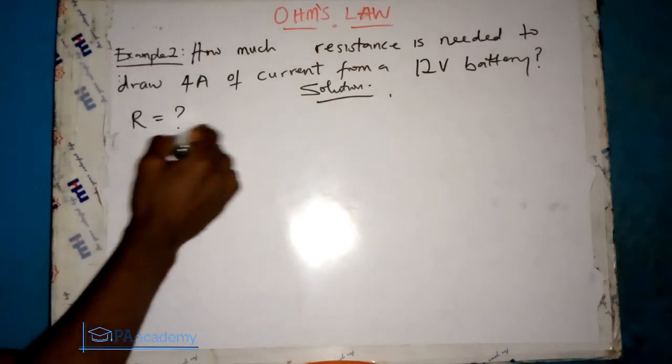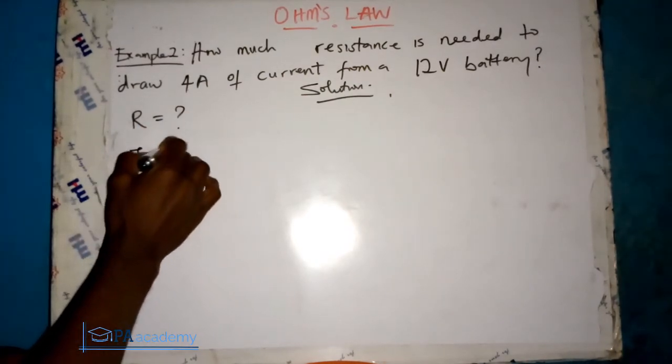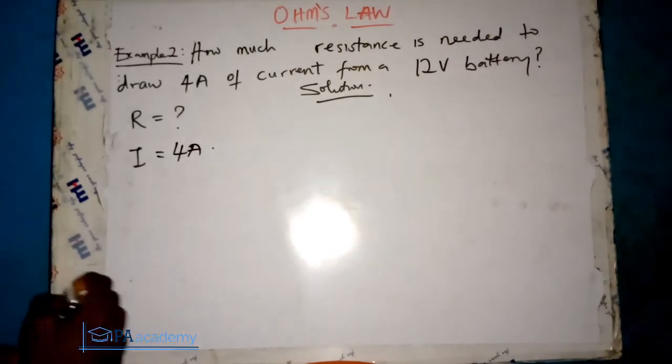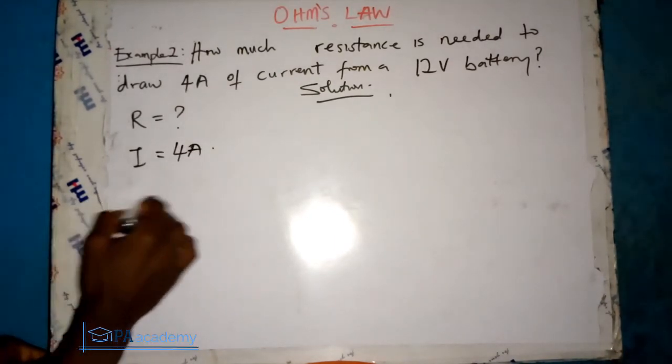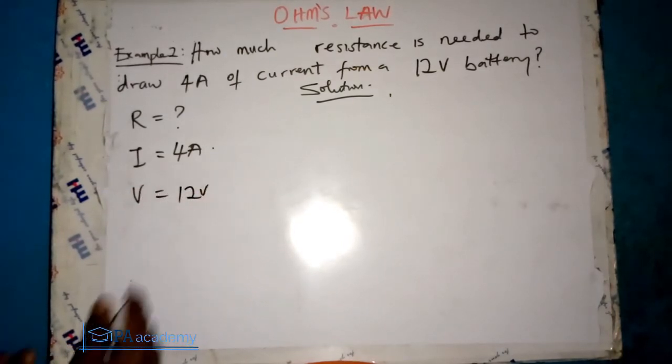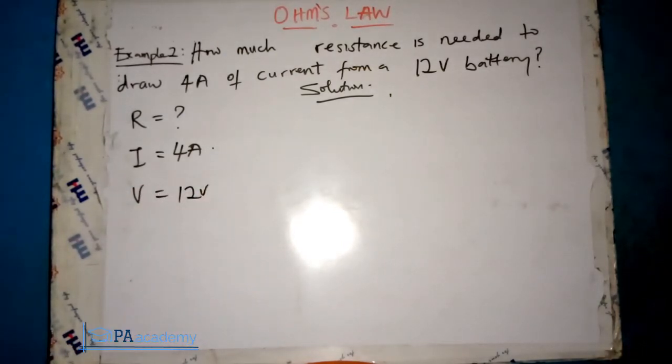So we are given our current, which is I, to be 4 amps from a battery of 12 volts. So we have our voltage given as 12 volts.